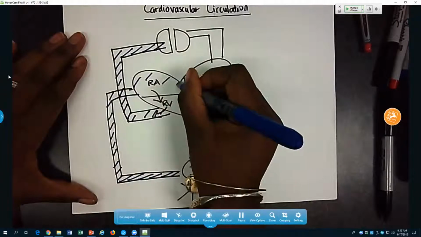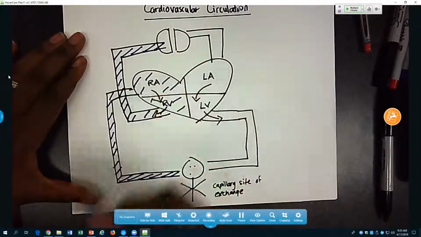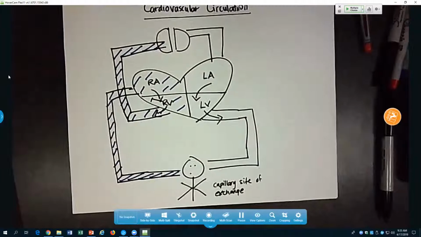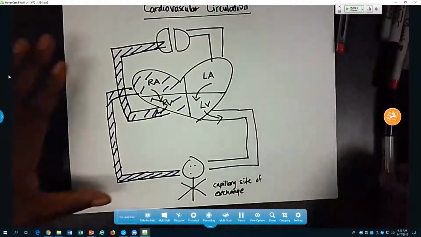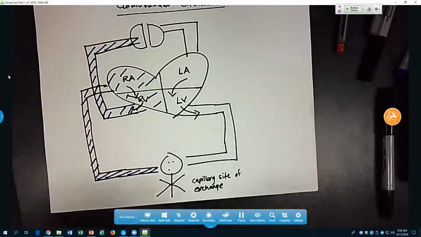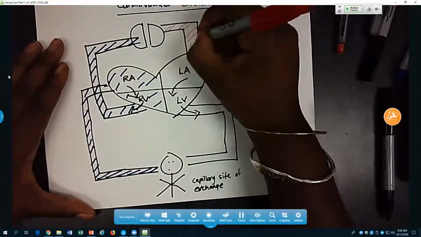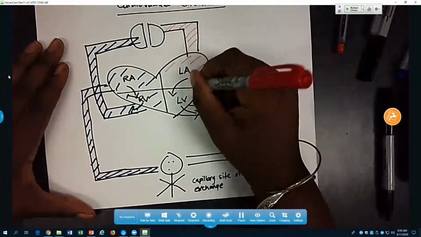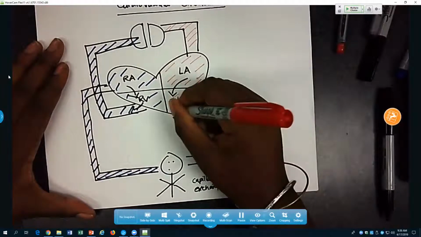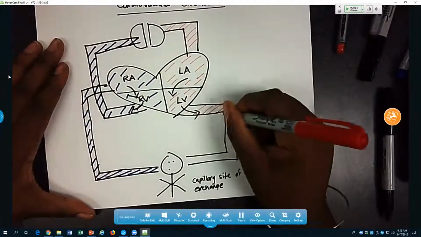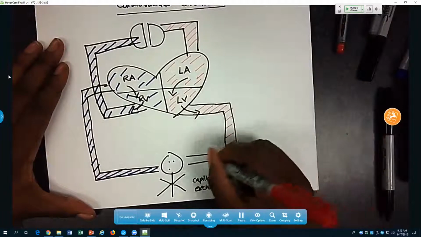All of the blood in the right heart is deoxygenated. When I say deoxygenated, it doesn't have oxygen. It has waste products that are coming from those tissues. Whereas the left side of the heart has freshly oxygenated blood. Left side of the heart, left atria, left ventricle, those arteries that we spoke about.